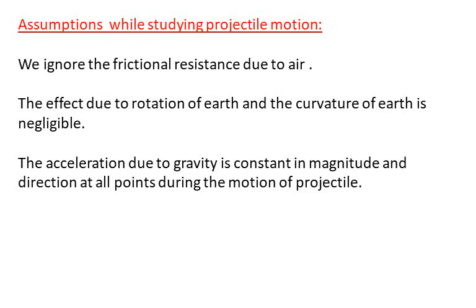While studying the motion of a projectile, we use the following assumptions. There is no air resistance on the projectile. The effect due to curvature of Earth is negligible. The effect due to rotation of Earth is negligible. And for all points of the trajectory, the acceleration due to gravity is constant both in magnitude and direction.